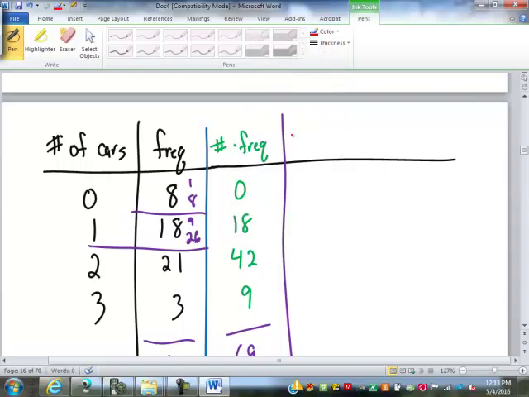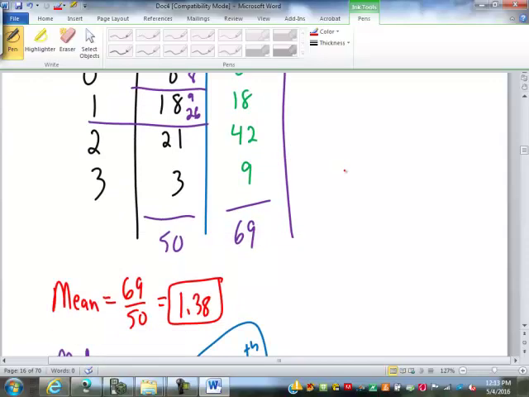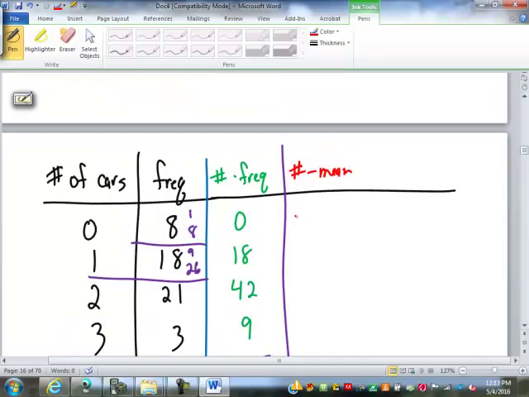For standard deviation, let's do our number minus our mean, so we're going to subtract 1.38. 0 minus 1.38 is negative 1.38. 1 minus 1.38 is negative 0.38. 2 minus 1.38 is 0.62. And 3 minus 1.38 is 1.62.